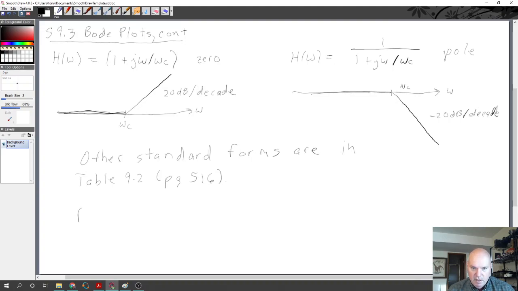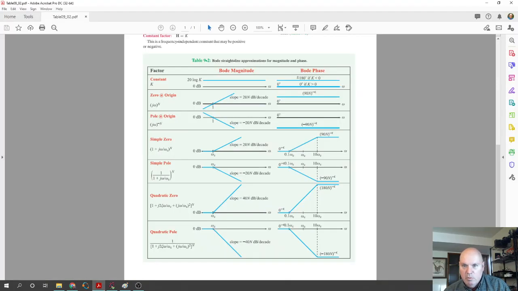This will be the reference you're allowed to use for the exam with regard to drawing Bodie plots. So you will want to study that and be familiar with it, and actually use it while you're working some of these homework problems.